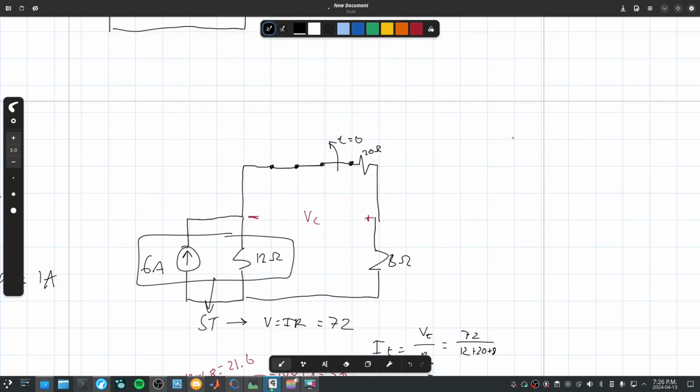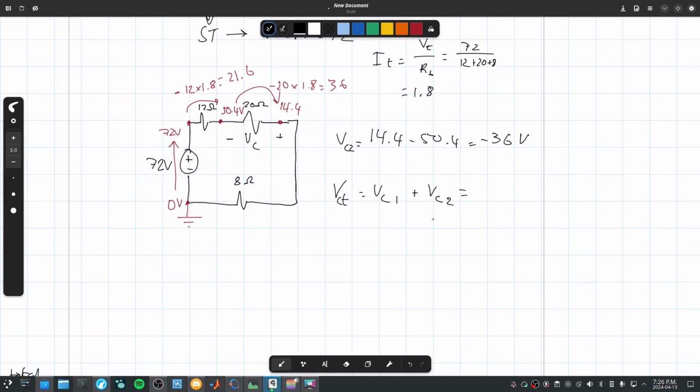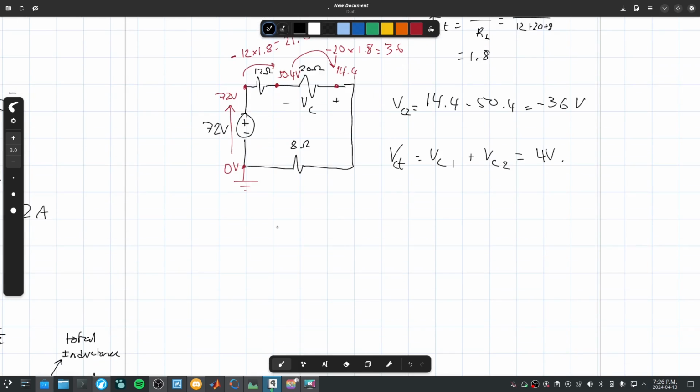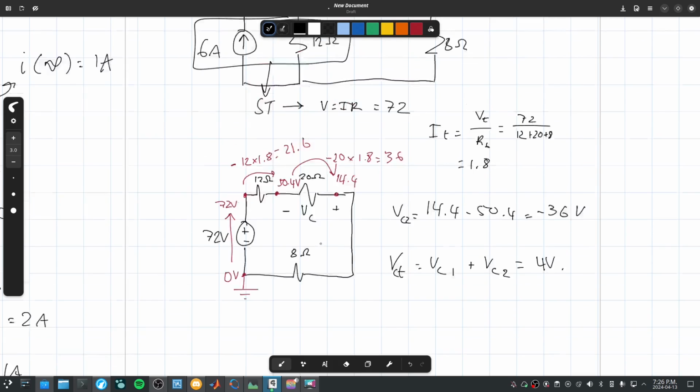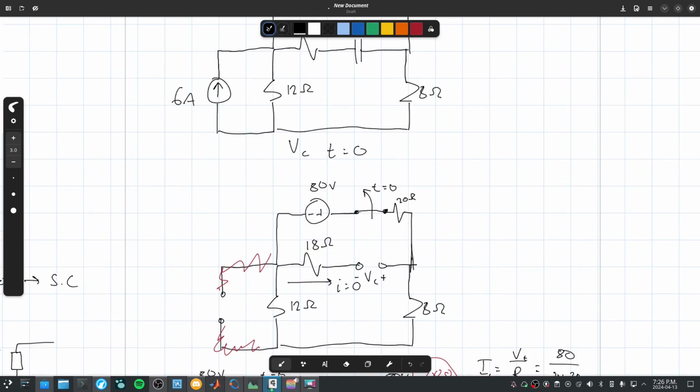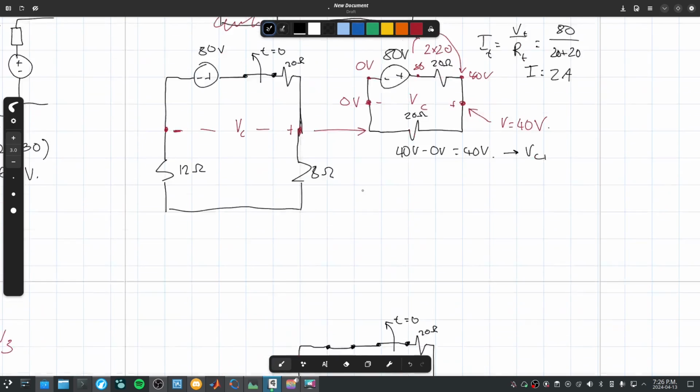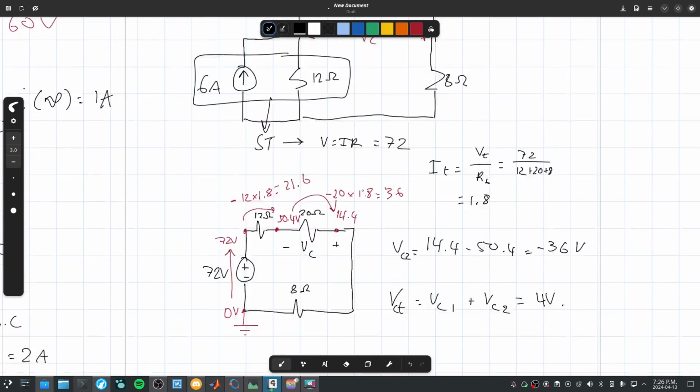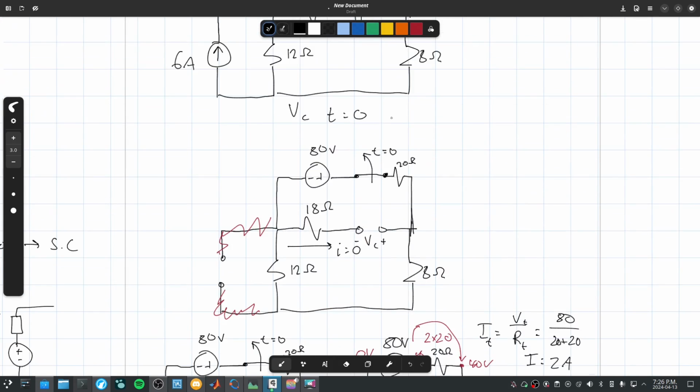That is 40 minus 36, 4 whopping volts. Just to remind you again, we are doing this at time equals 0. We're checking from the negative side, actually.